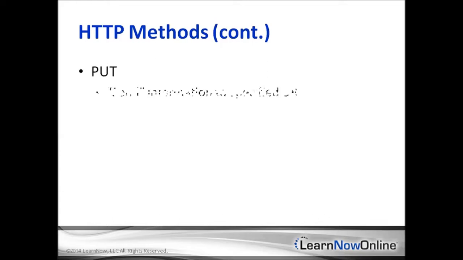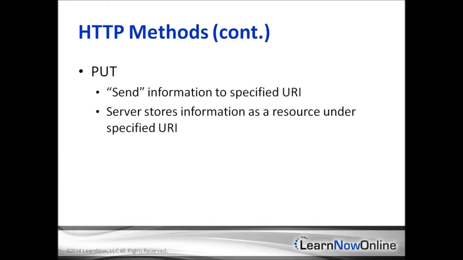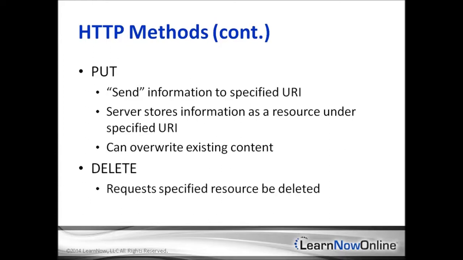Okay, a put. This is also a send based upon a URL, and it stores information as a resource underneath that URI, and it's used for overriding. So when you think about the CRUD operations, this would be our update. Then delete. I don't think that needs a ton of explanation, but it's basically specifying that the resource being referred to is to be removed, is to be totally deleted.